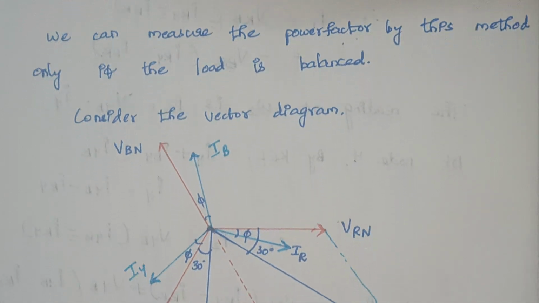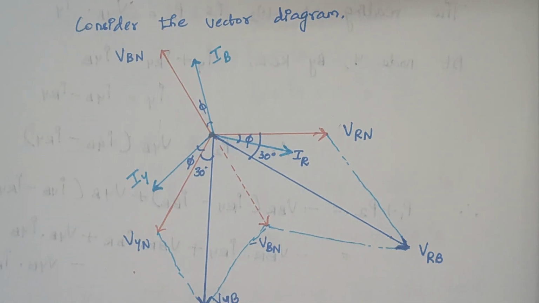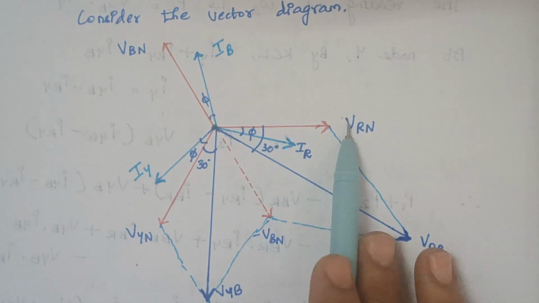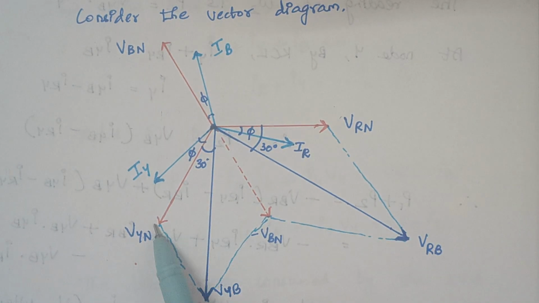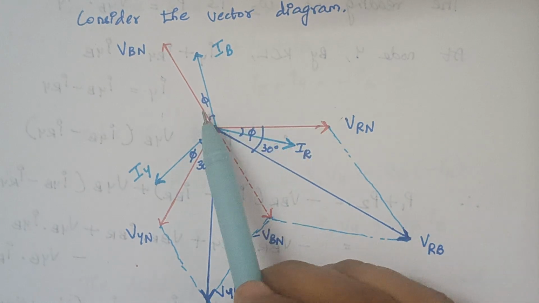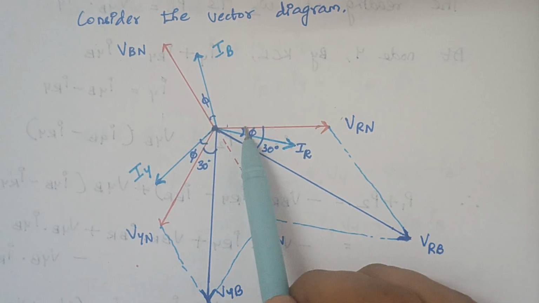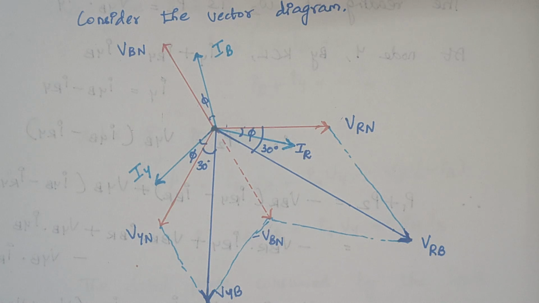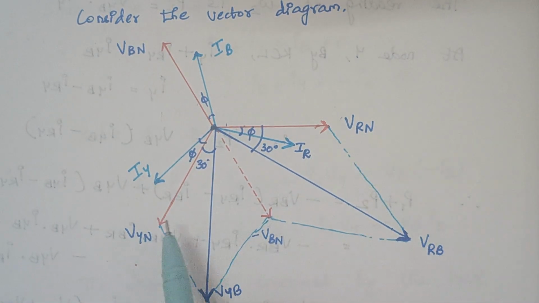Now consider this vector diagram. Again we are considering a three-phase network. Here you see VRN, VYN and VBN. These are the phase voltages, and as we all know, any two phases are displaced by 120 degrees electrically.